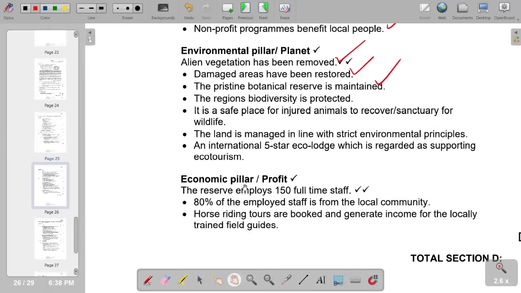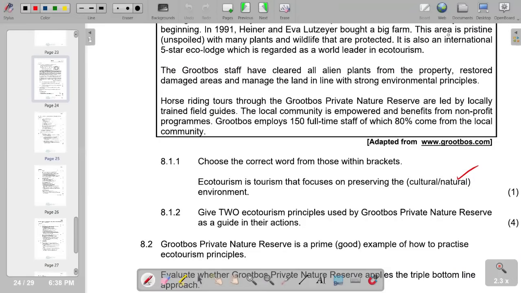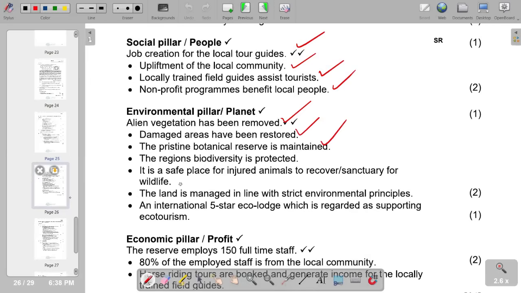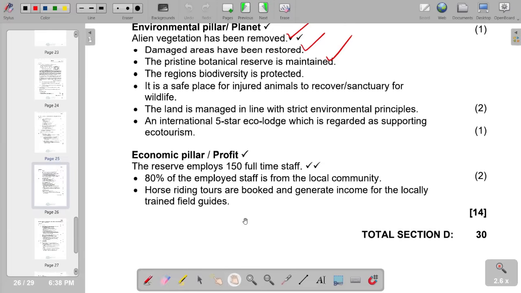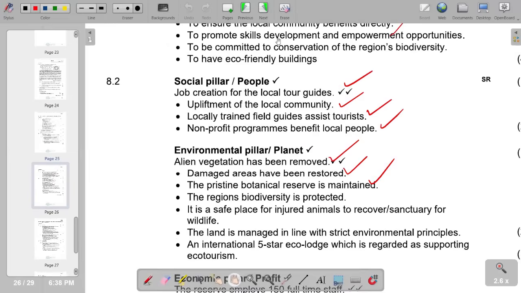Then you go to economic pillar, 80% of employed staff is from the local community, and the reserve employs 150 full-time staff. So in terms of employing full-time staff, here it is Groot Bos employs 150 full-time staff, of which 80% comes from the local community. So everything that is included in terms of supporting is there in the information that we have. So this becomes the last part that we have in terms of our question 8.